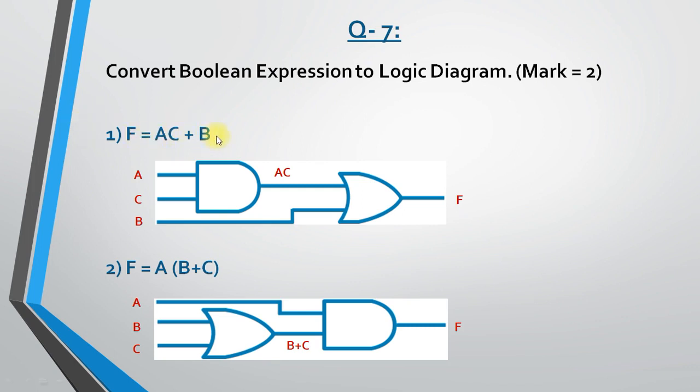In this Boolean expression, we have one AND gate and one OR gate. So how can you draw the logic diagram? Just draw one AND gate and one OR gate over here.